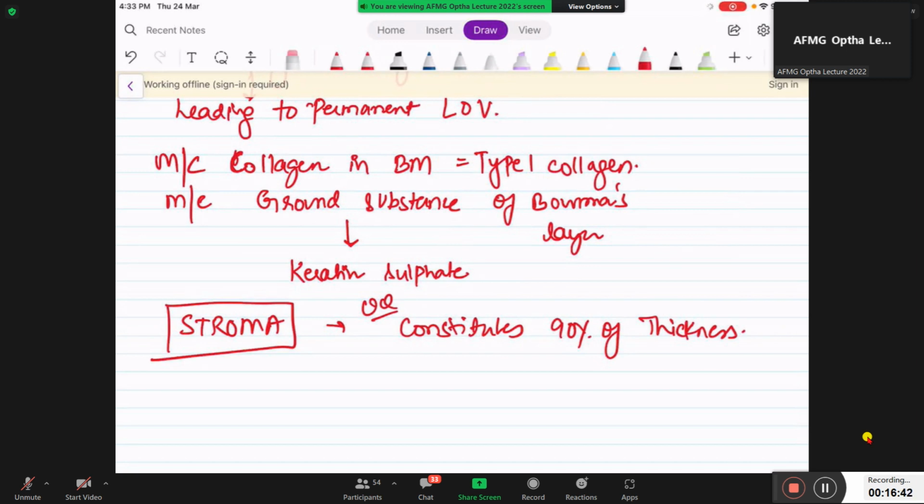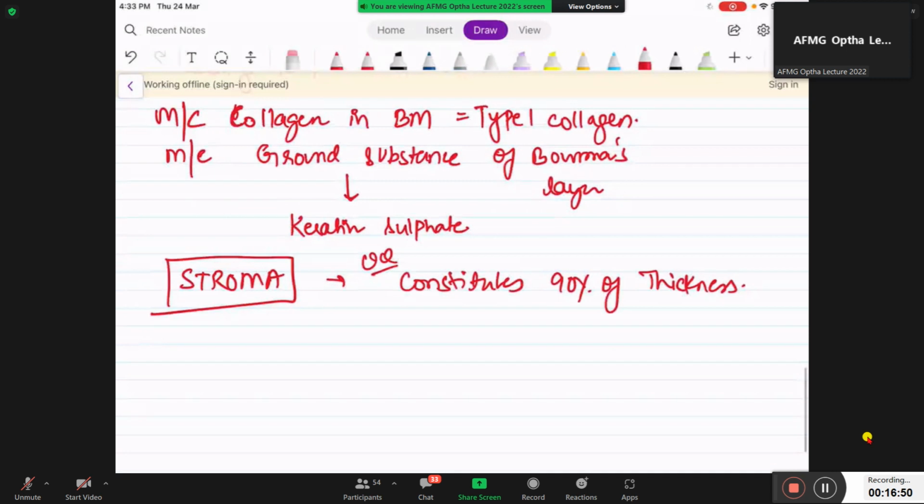Clear? So if they ask you which is the thickest layer of the cornea, the answer will be your stroma. And again, this stroma is made up of type 1 collagen.